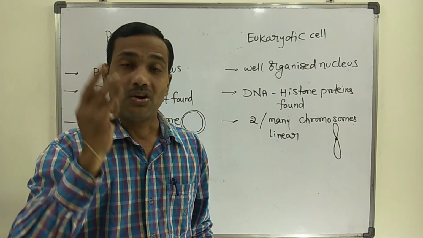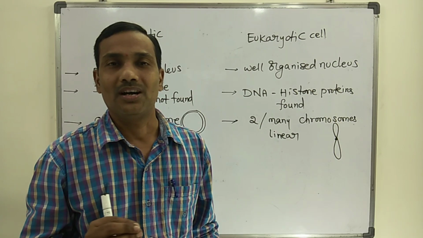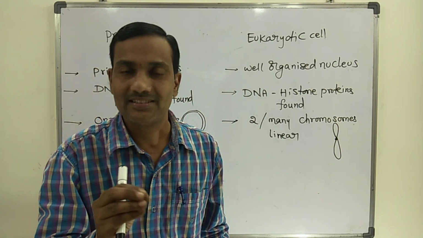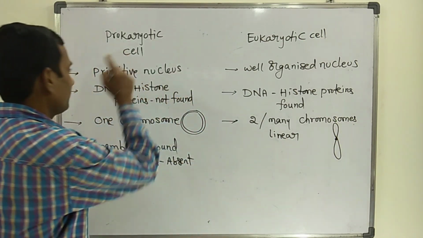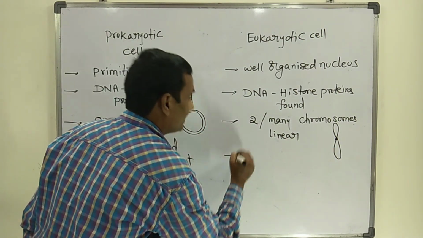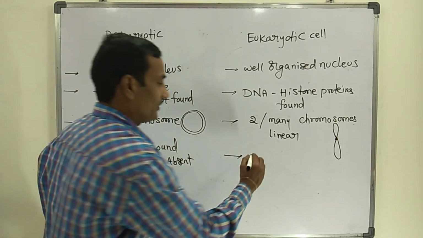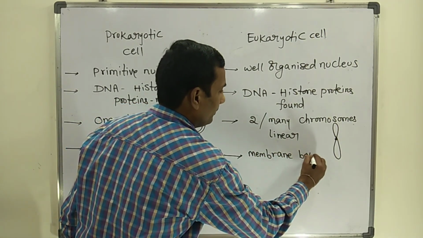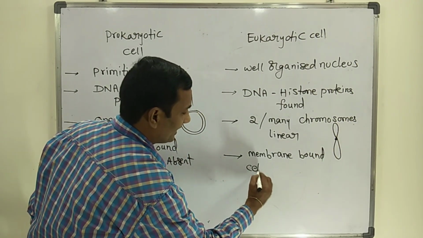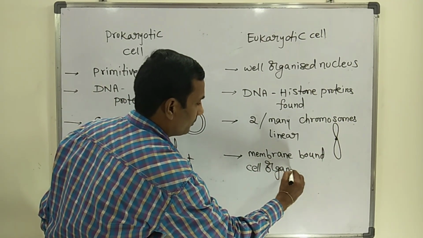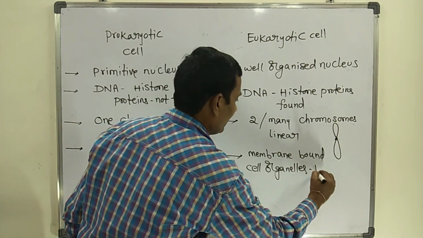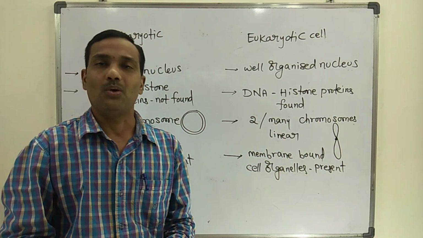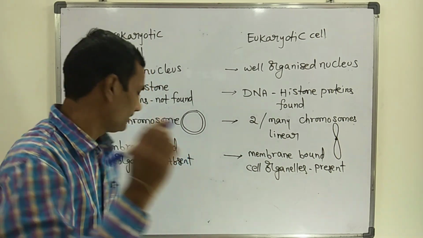Endoplasmic reticulum, Golgi complex, mitochondria, and various different types of cell organelles are not found in prokaryotic cells, but in eukaryotic cells, all eukaryotic cells have membrane bound cell organelles. That is one more important difference.